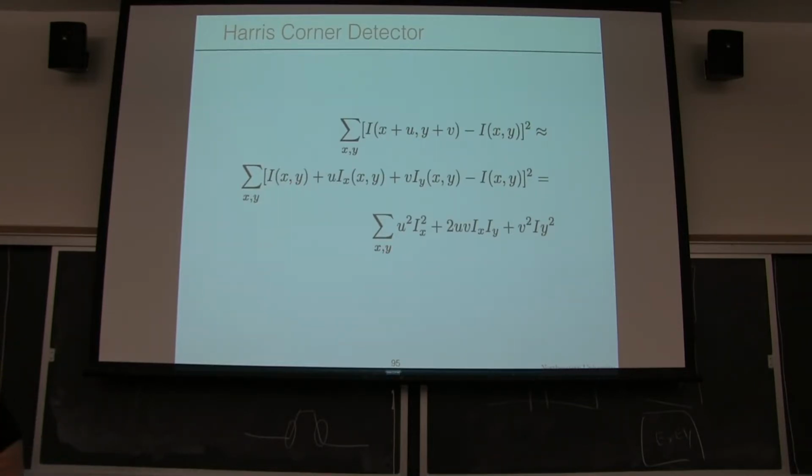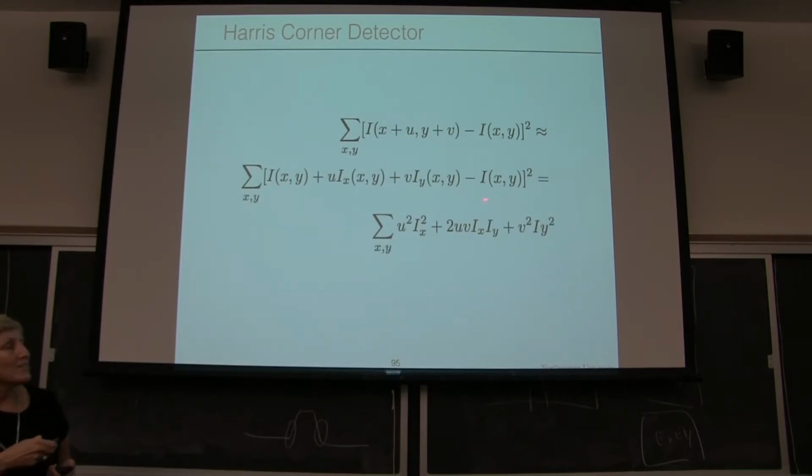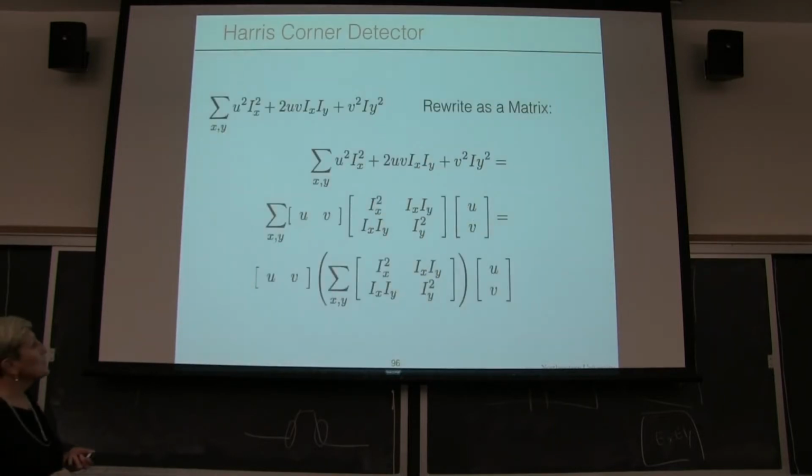And I hope it's starting to look similar to my matrix. Because now I have the sum of the squares of the gradients in one direction, the sum of the squares of the gradients in the other direction, and the sum of the cross products, actually twice. All right, so let's write that down in matrix format. This is a scalar, by the way. It's just one sum of values.